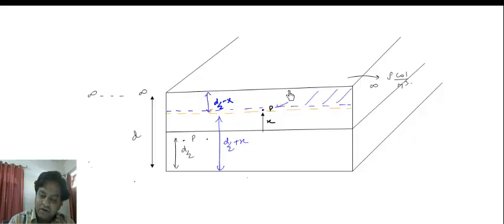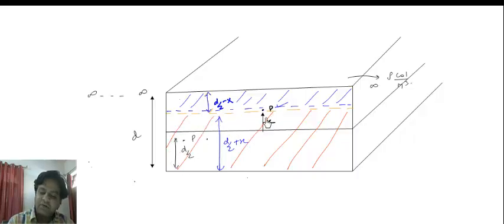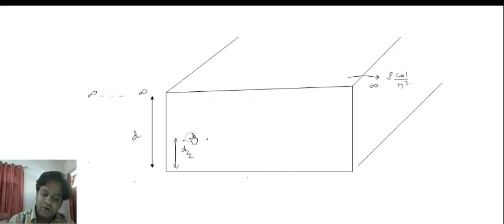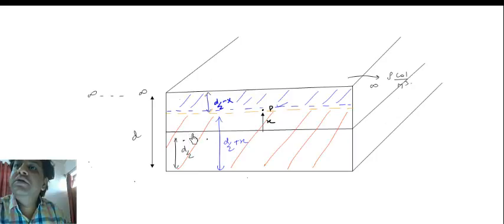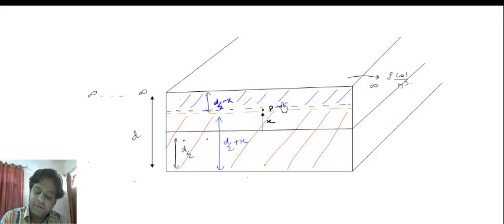This is slab 1 of thickness d by 2 minus x, and the other slab is of thickness d by 2 plus x. Like this you can see. So if I want to find the electric field at this point, I can calculate it by considering that the electric field due to the first slab will be in one direction, and due to the other slab the electric field will be in the other direction.